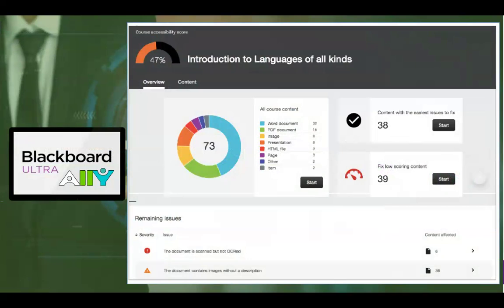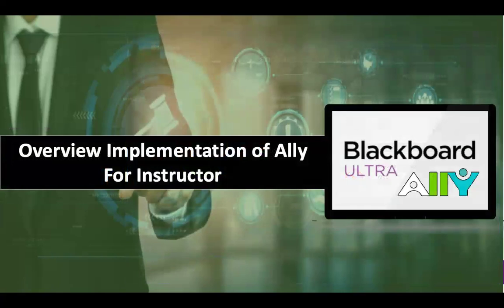For example, the course is Introduction to Languages of all kinds. It gives you one complete picture of all this content. So you have this course, and you have 38 content items with the easiest issues to fix. So you can fix the issues, improve the score, and submit this report to your institute very easily.